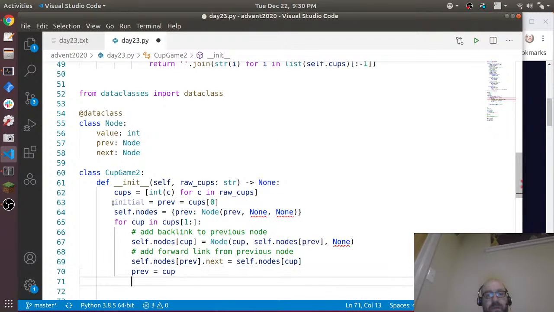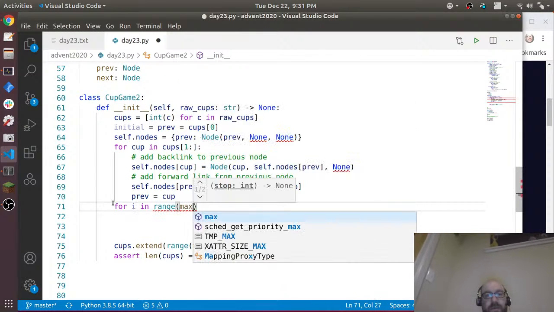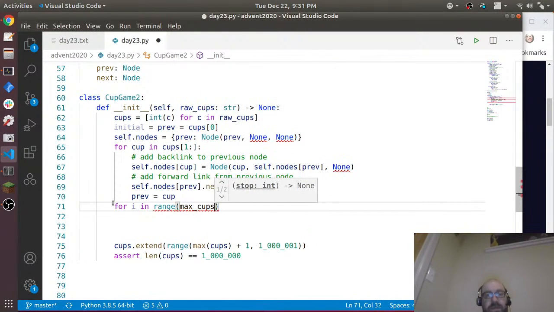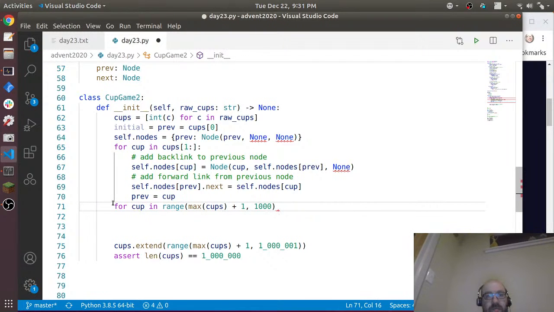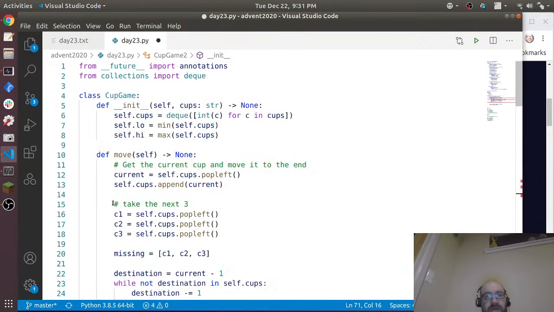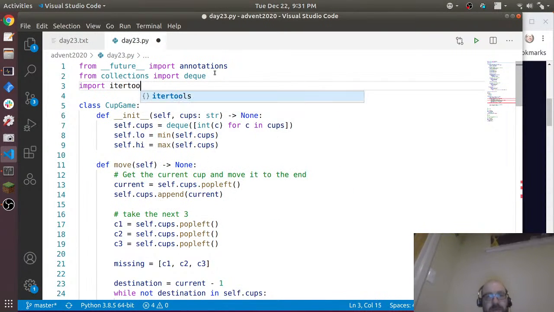Okay, and now for i in range max cups plus 1, or let me just do it this way. Actually, let me do this. Import itertools, so I don't have to write the logic twice.